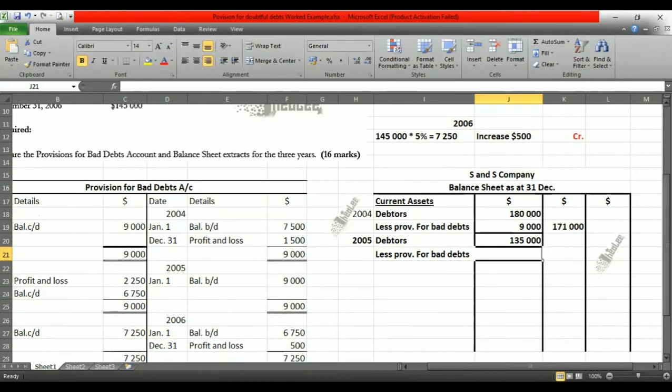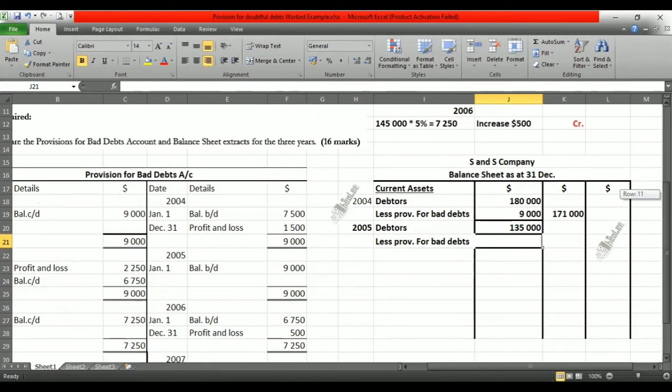Remember, we're doing the balance sheet, so therefore we're picking up the balance sheet value coming from 2005, which is $6,750. So you're subtracting 6,750 from the 135,000.